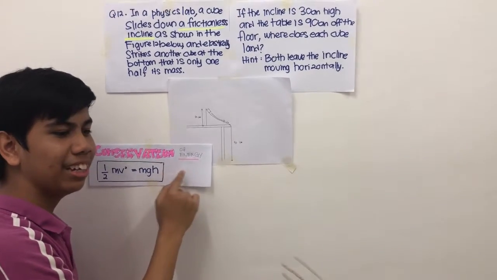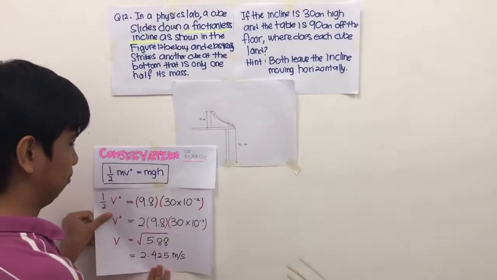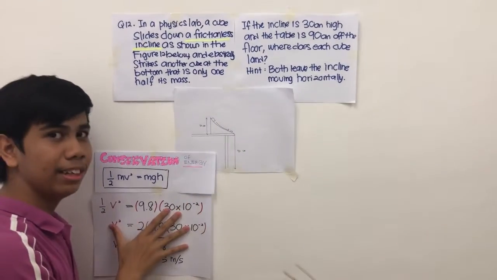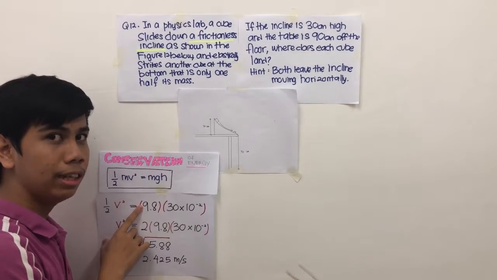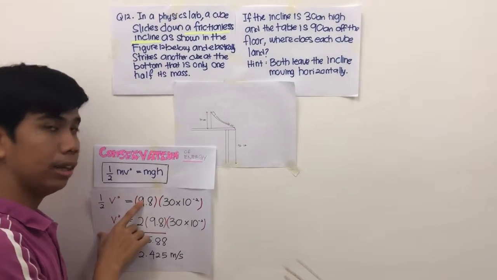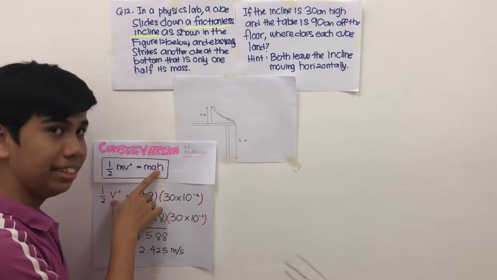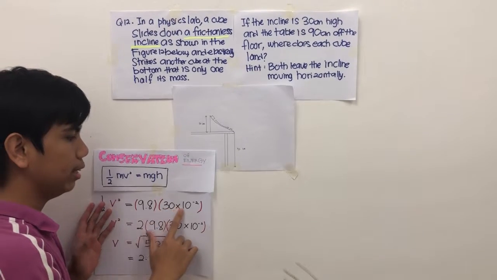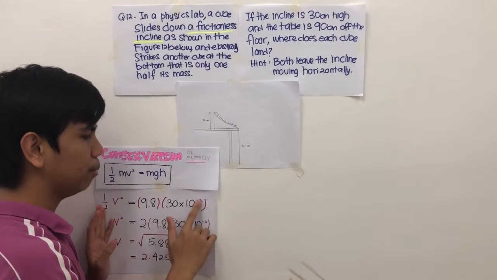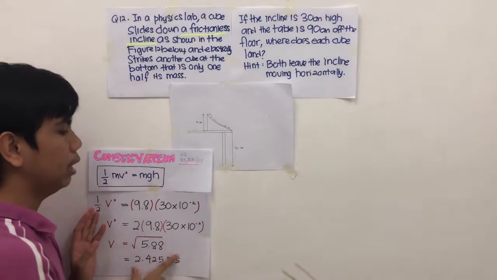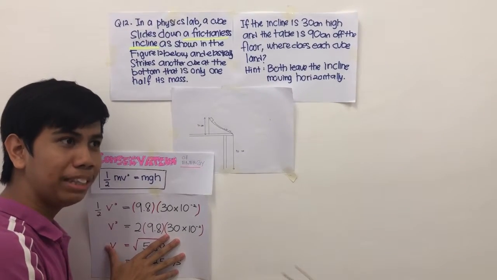Now let's proceed to the calculation. The first thing we do is cancel out the mass. Then we substitute 9.8, the acceleration of gravity, and the height h, 30 times 10 to the power of negative 2, since we convert the height from centimeters to meters. We derive the formula until we get the velocity of the cube.